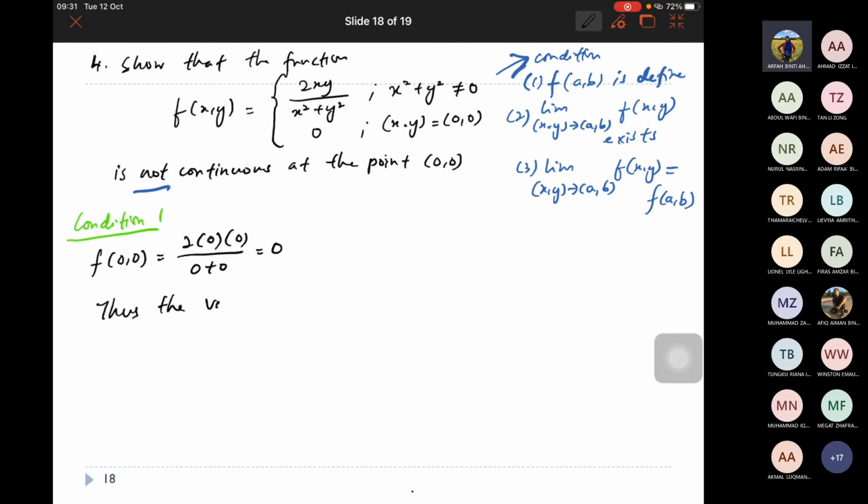Thus, the value of f(x,y), okay, is defined at 0, 0. Okay, dapat yang ini?